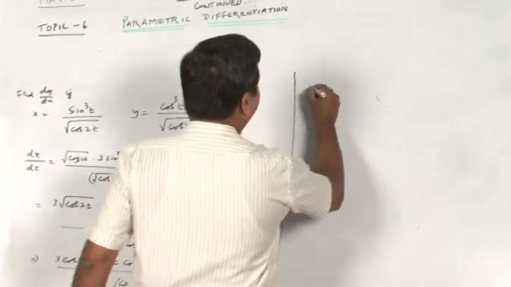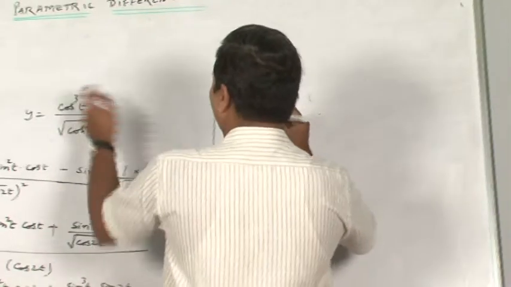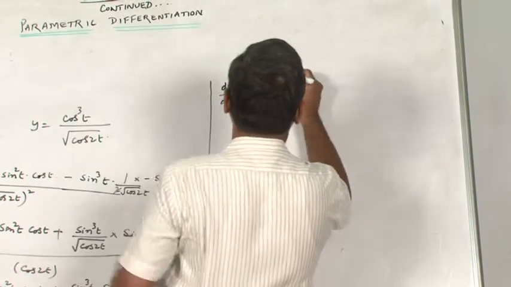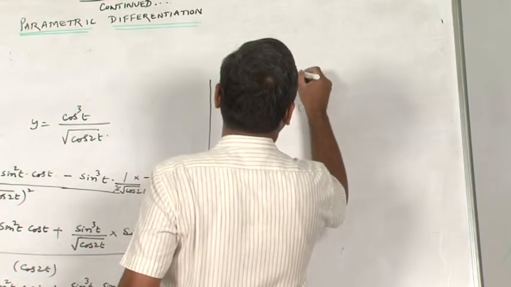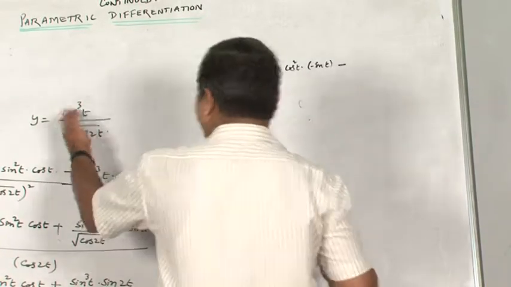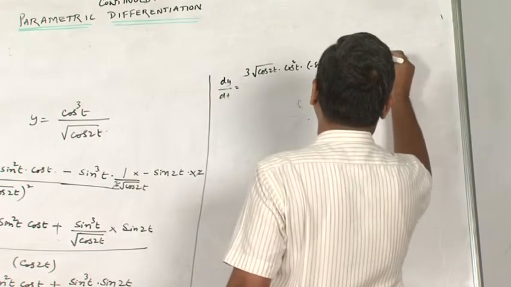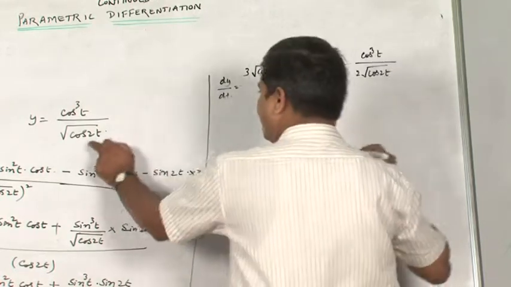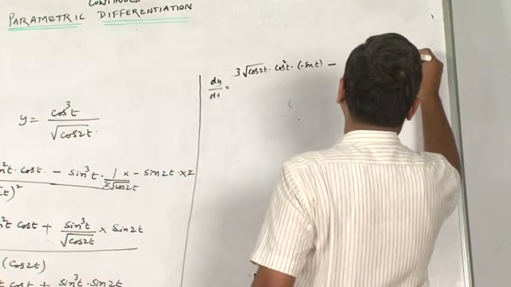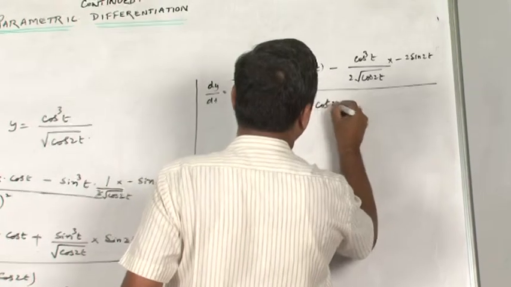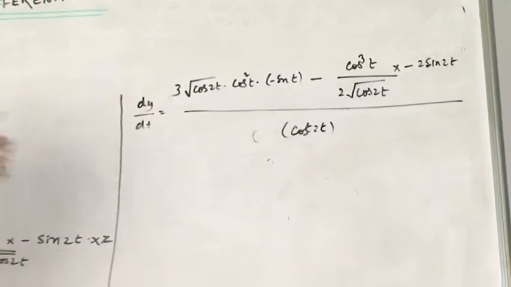What is it going to be? dy by dt is equal to, again by the u by v rule, v u dash, that is root cos 2t, cos cube t differentiation is 3 cos square t, differentiation of cos t is minus sin t, minus u v dash, that is cos cube t will remain as it is, underneath this is going to be 2 root cos 2t, differentiating cos 2t is minus 2 sin 2t, upon cos 2t, because under root whole squared is going to be cos 2t.